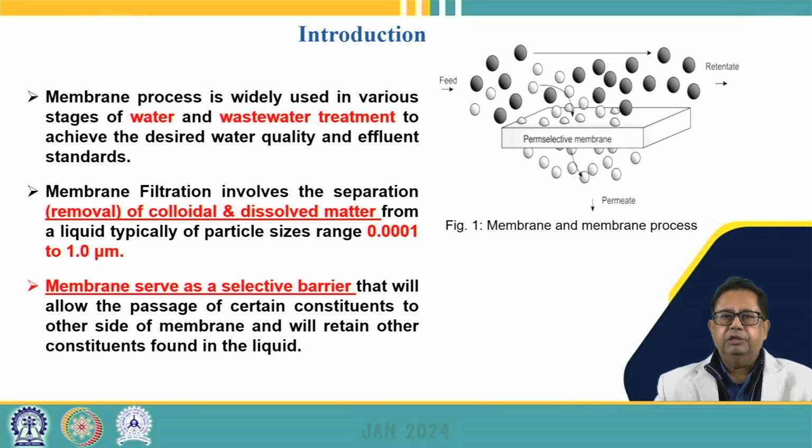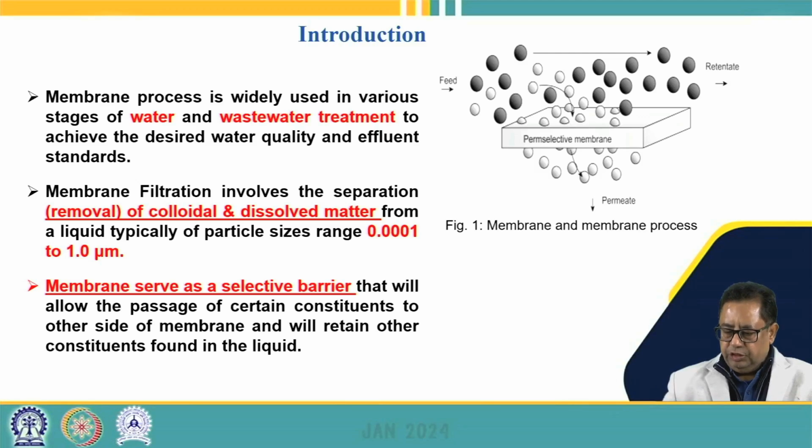Similarly, the membrane serves as a selective barrier that allows certain constituents to pass through it, whereas it retains certain other constituents depending upon a number of factors, whether it be size, shape, or charges present on the constituents which we want to remove from the wastewater or water streams. So we can see here that the membrane is used so that we can filter the unwanted materials.